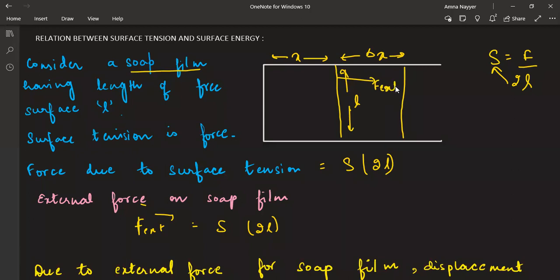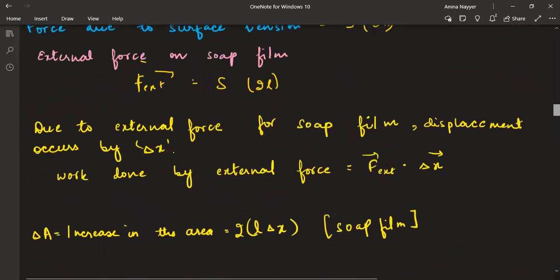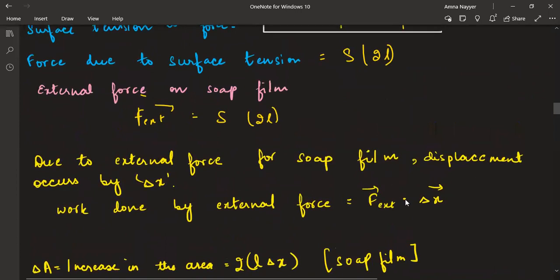Force was the external force. Class, what will be the work done? Force into displacement, so F external dot delta X. When you put in the value, force is S into 2L, and this is delta X. So work done is S into 2L into delta X.